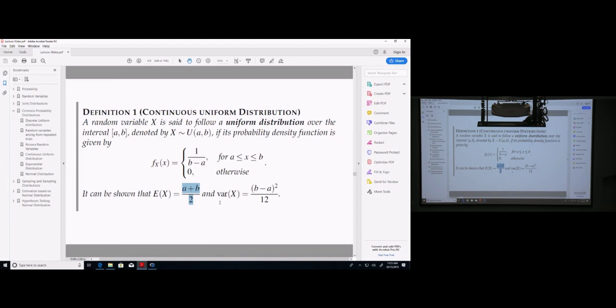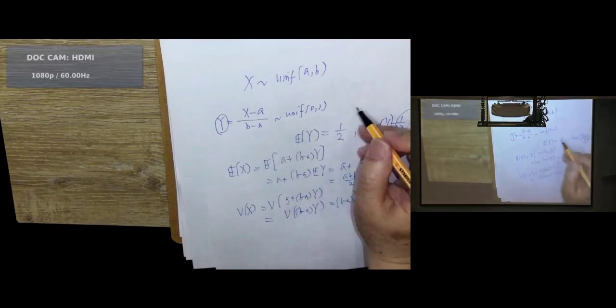If you are able to generate a random number between 0 and 1, you would be able to generate any random number in this interval. The way to go about it is, if your Y is something between 0 and 1, then you have A plus B minus A times your Y. And that would be the one that you generate. So this is actually how you would do that.